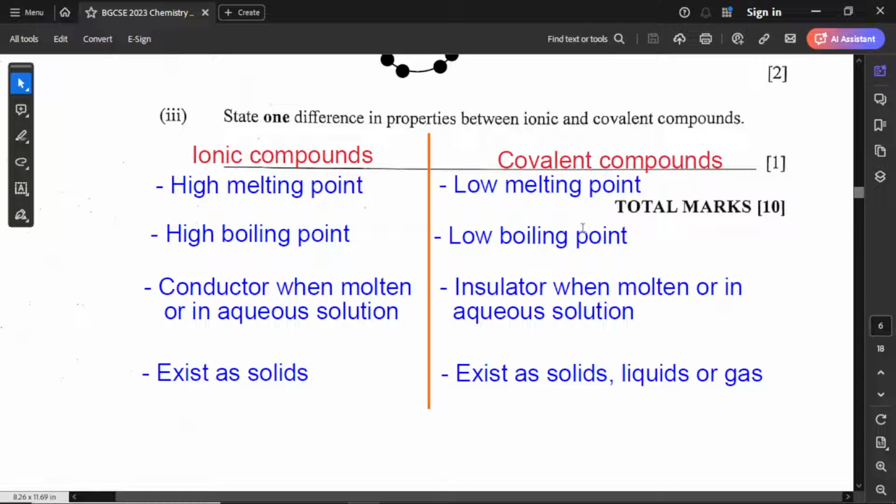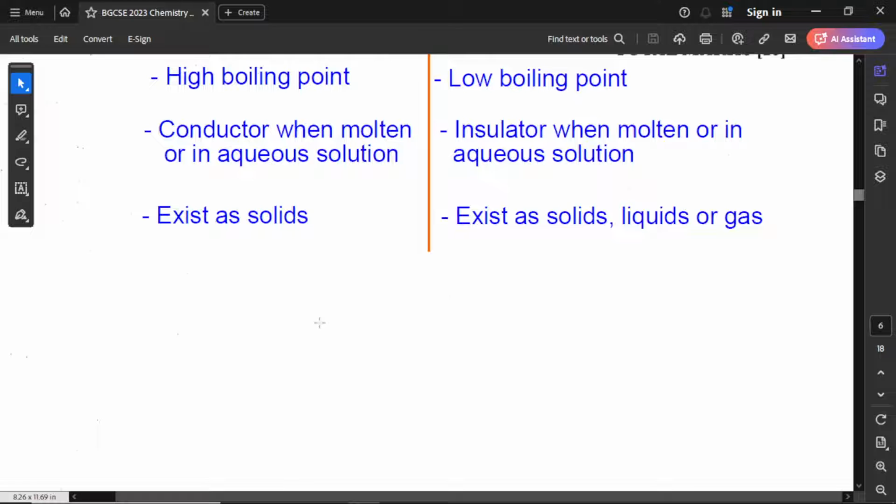However, covalent compounds are insulators and do not conduct electricity in the molten state or in aqueous solution. Ionic compounds normally exist as solids, while covalent compounds normally exist as solid, liquid, or gas. So you can have all different states for covalent compounds, while ionic compounds are usually solid.